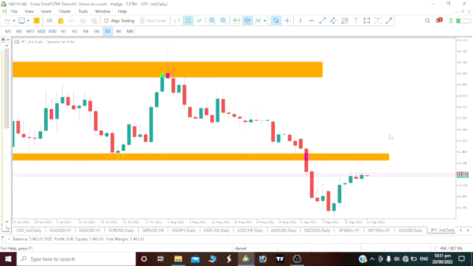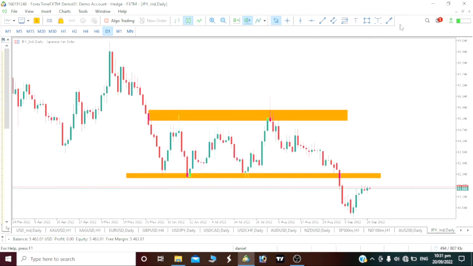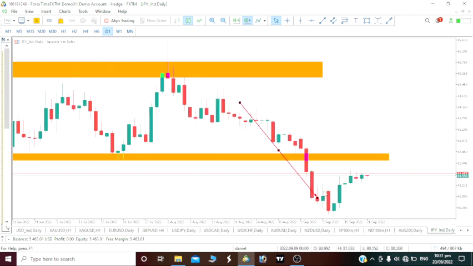This JPY index broke below this level, which was ranging. You see, this JPY index was just ranging, right? We saw the support and resistance level. So the JPY index broke below the support level, and after it broke below, we now had a pullback. We are now having a pullback on this JPY index.